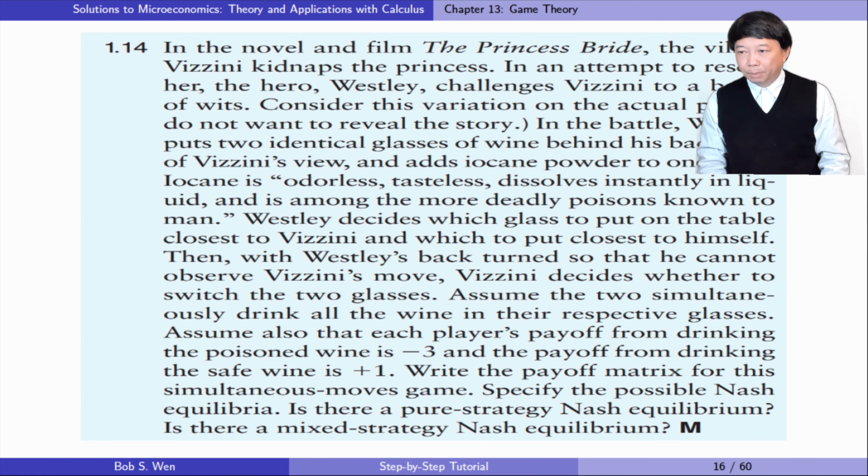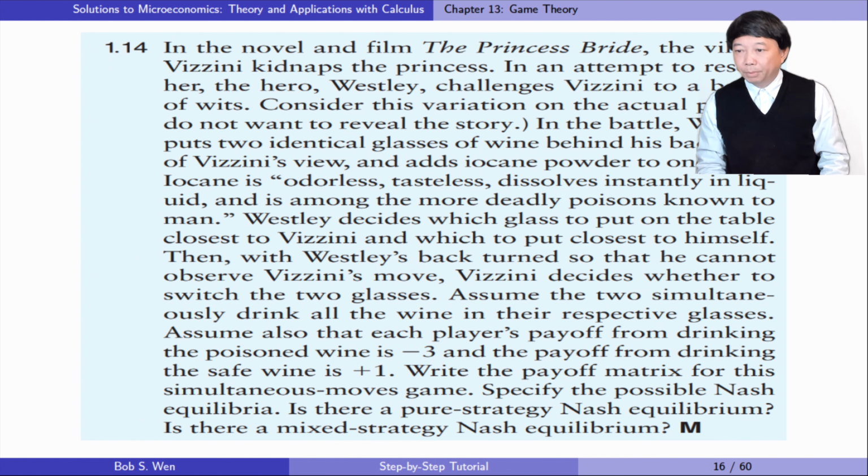Let's solve exercise 1.14. In this game, Wesley decides whether to put the poisoned Y on the table close to Vicini or close to himself. Then, with Wesley's back turned so that he cannot observe Vicini's move, Vicini decides whether to switch the two glasses.